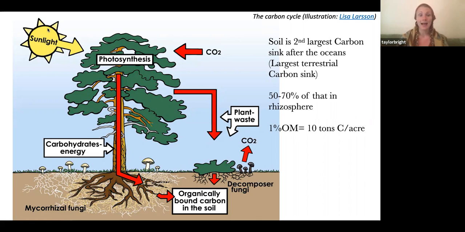So soil, healthy biologically active soil, is the second largest carbon sink in the world, after the oceans. The oceans do a lot of this work. But healthy soil is the largest terrestrial carbon sink. So if you have healthy soil, you're actually directly helping to fight climate change, which is really important. And if we're all doing our part to do that, it can make a really big difference. And I'm very much an advocate for that.